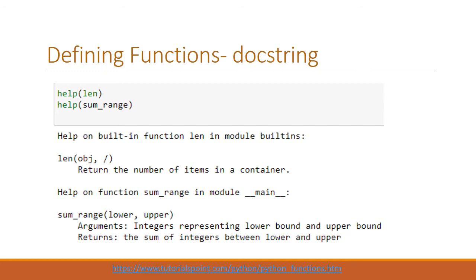Notice that it prints the function header sum range with the parameters lower and upper, and then it says the arguments are integers representing the lower bound and the upper bound, and that it returns the sum of the integers between lower and upper. So the information that we provided in the docstring is what is presented to the user when they want to get help on a function.